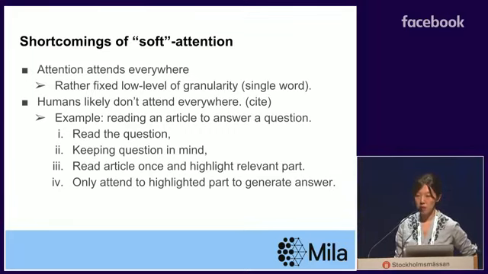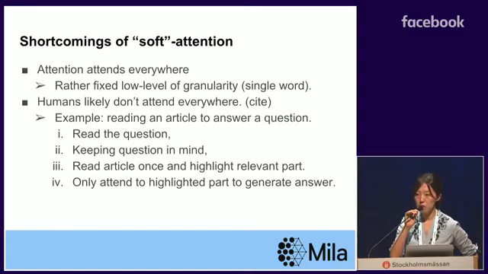Humans don't attend everywhere. So for example, if I give you a question and a Wikipedia article, and you have to read the Wikipedia article to answer the question, what you would do is you would read over the question, keeping the question in mind. You would read over the Wikipedia article and highlight the relevant parts. And when you try to answer the question, you will only go through the relevant parts in the passage.